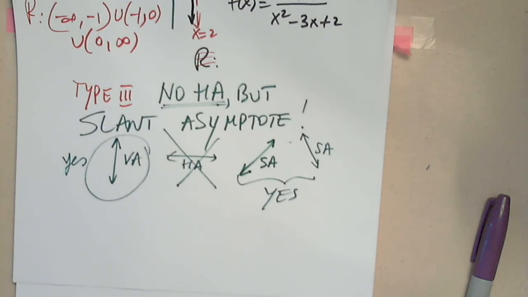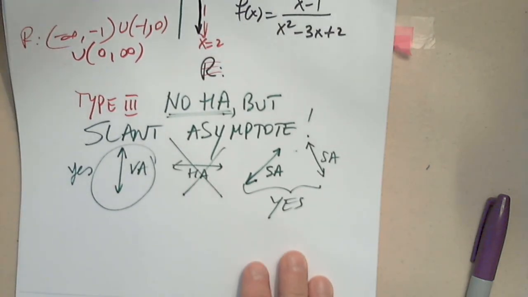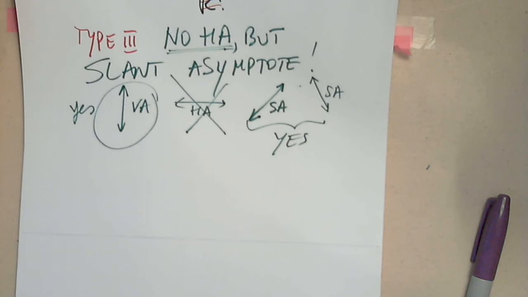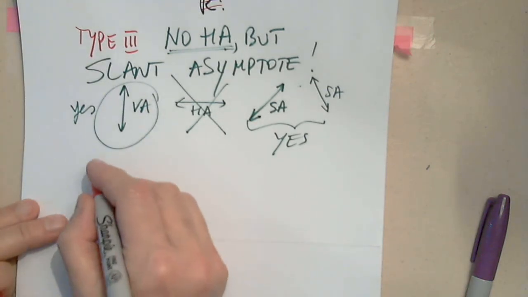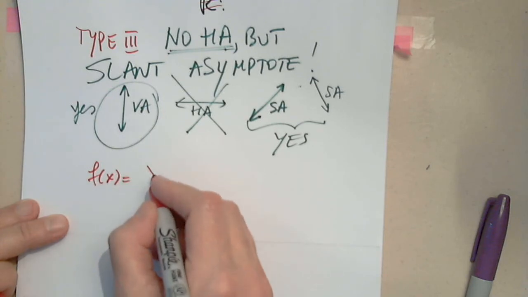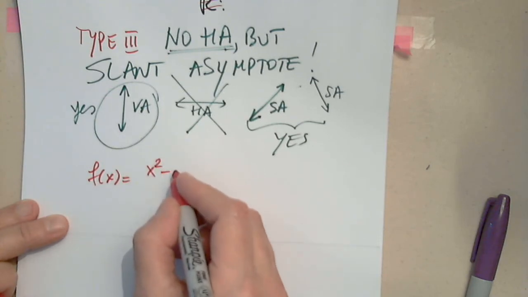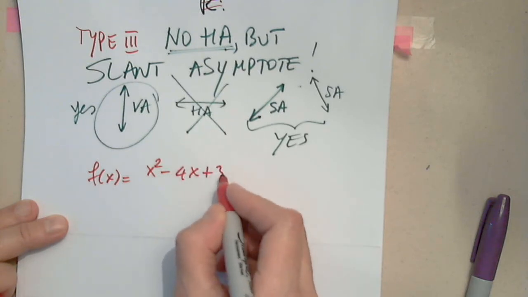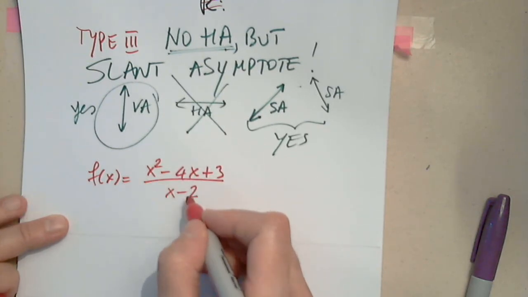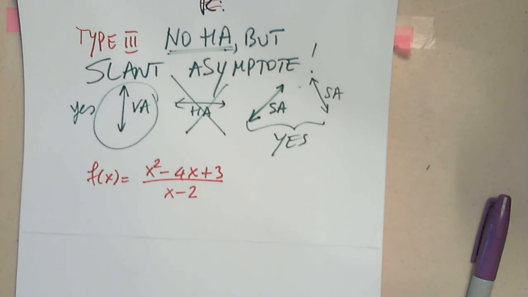So let's take a look at an example. I will graph it. I will not ask you to, but I will ask you to do one thing about it. So here's an example. f of x equals x squared minus 4x plus 3 divided by x minus 2. What type is this?